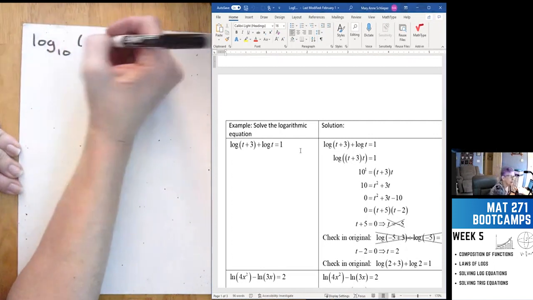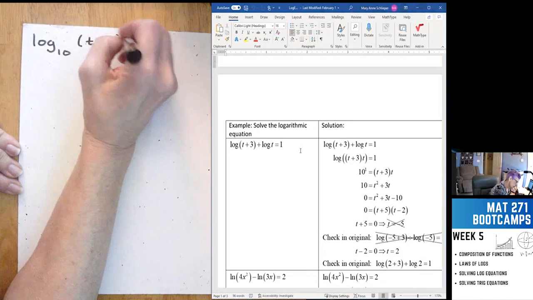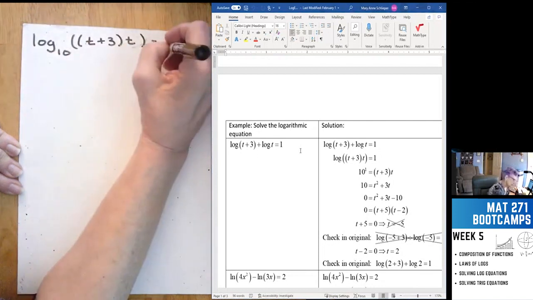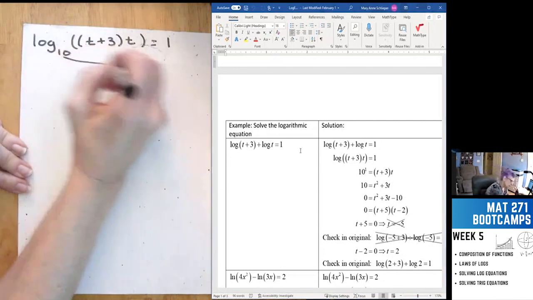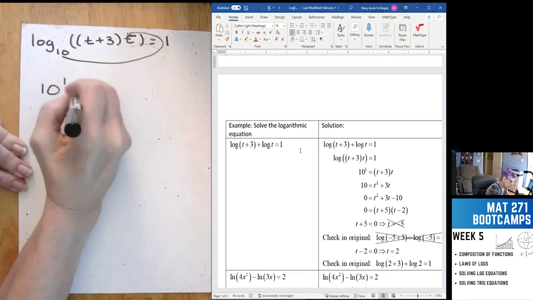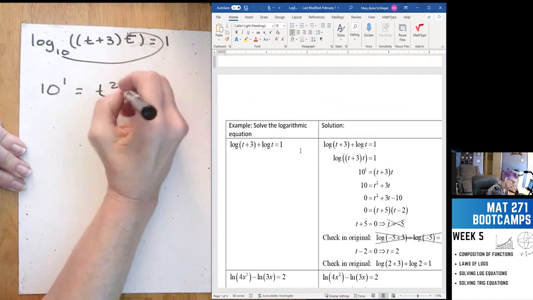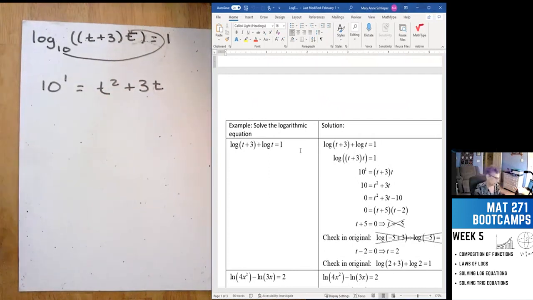I'm going to go ahead and write this as log of t plus 3 times t equals 1. So 10 to the first power is equal to t squared plus 3t.